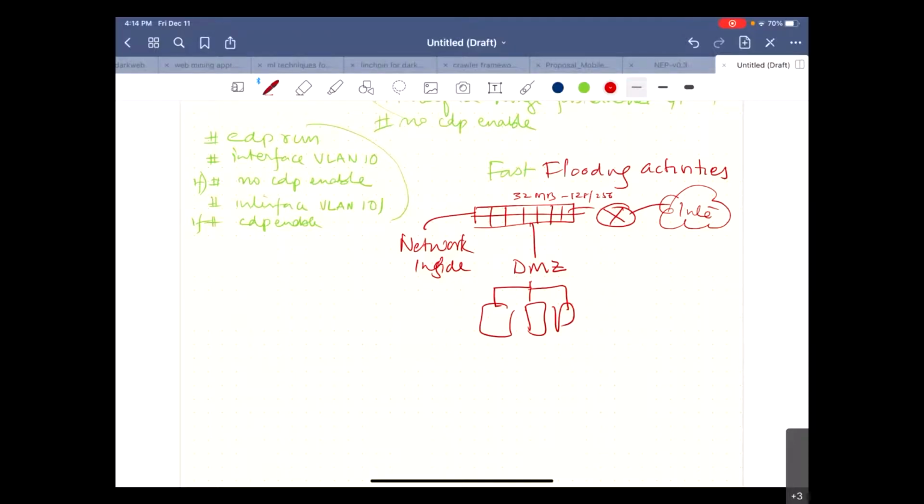So you need to disable some of the activity, like disabling 802.3x flow control, so that you can stop some of the connections. You also have to disable unidirectional link detection, the UDLD protocol, which we will learn afterwards.